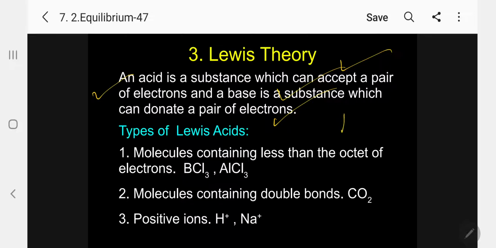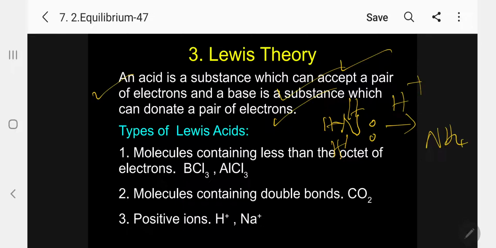See for example ammonia, which has a lone pair. We know ammonia is a base, but it does not contain OH minus. So according to the Lewis modern theory, a base is a substance which donates a pair to H plus, forming the ammonium ion.